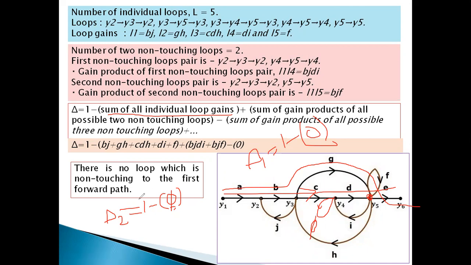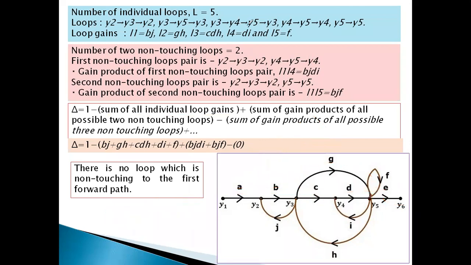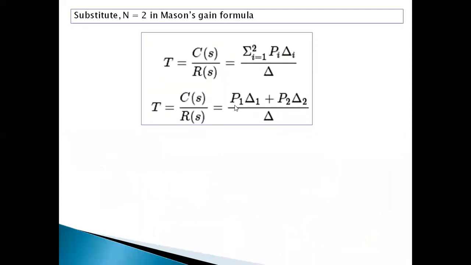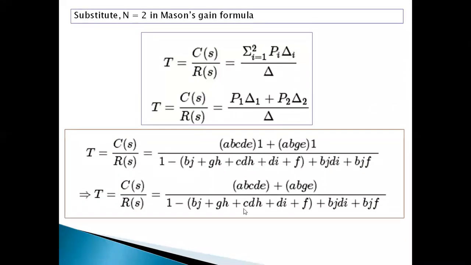Now, once we calculate delta 1, delta 2, delta, everything, directly substitute in the formula. Delta 1 is 1, delta 2 is 1. There is no loop which is non-touching to the first forward path or second forward path. Now, directly Mason's gain formula: that is P1 delta 1 plus P2 delta 2, by delta. Now P1 is known, delta 1 is known, everything is known.